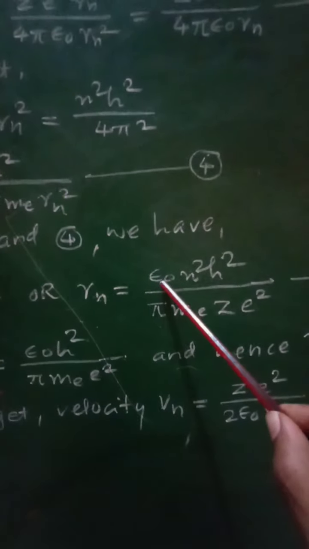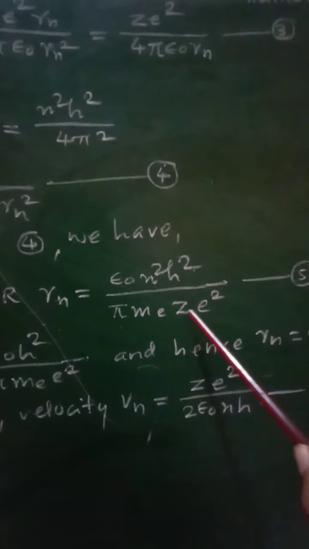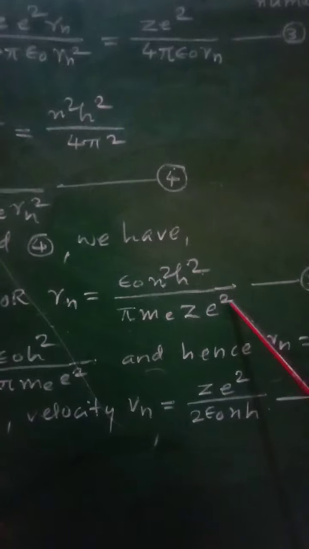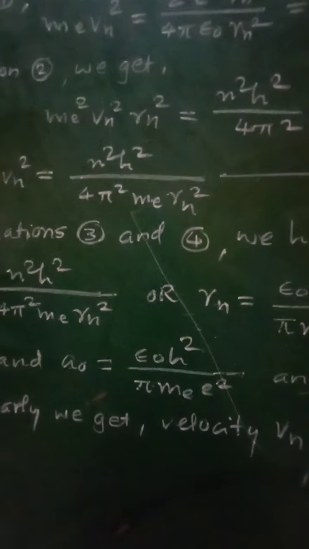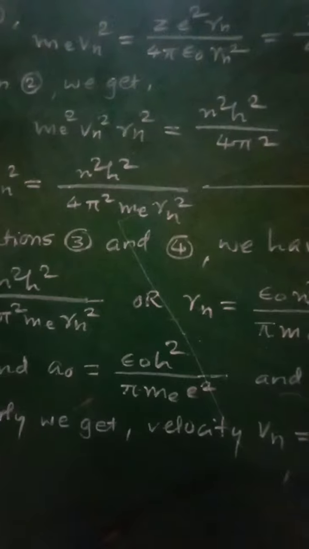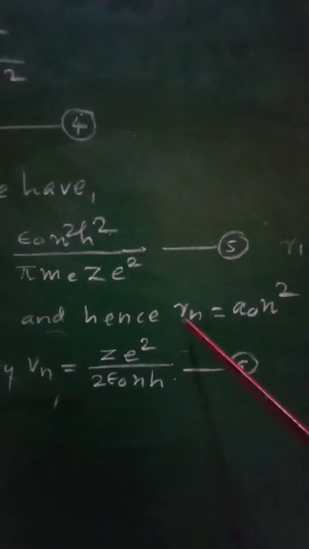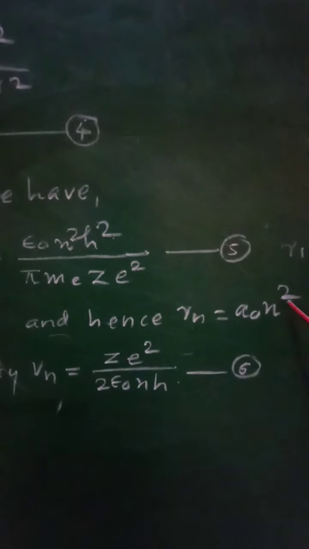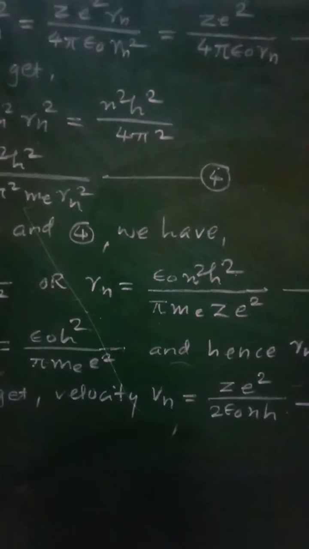This total factor is called the Bohr radius and is denoted by a0, and therefore from this we get the relation Rn equal to a0 into n square. So this will be the relation between Rn and a0.